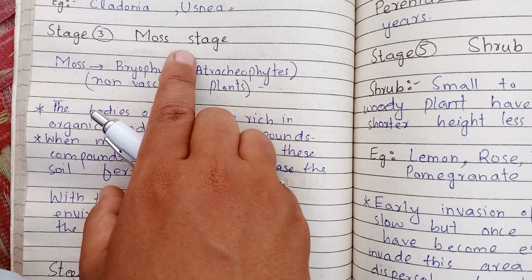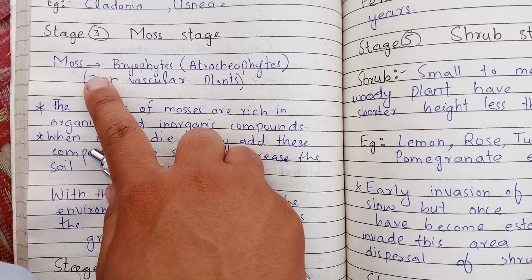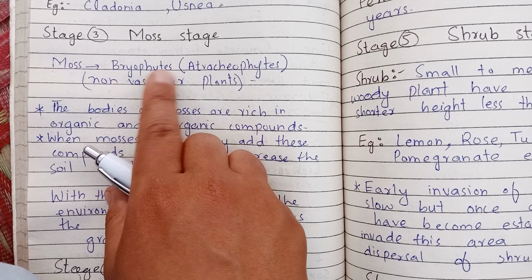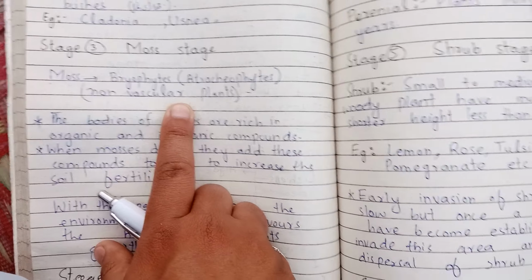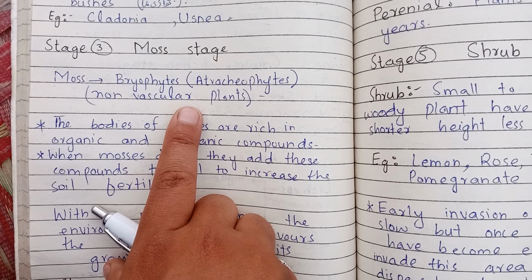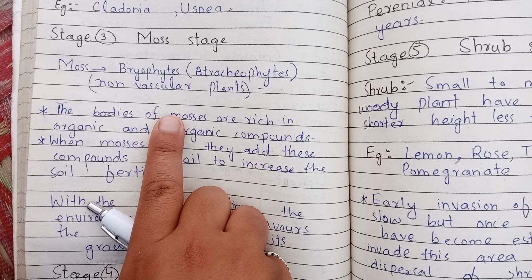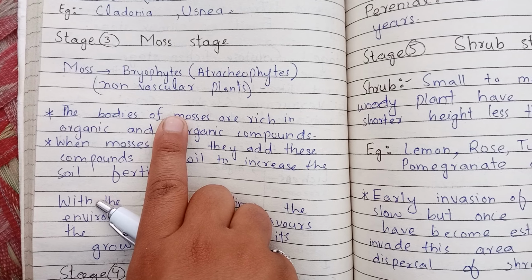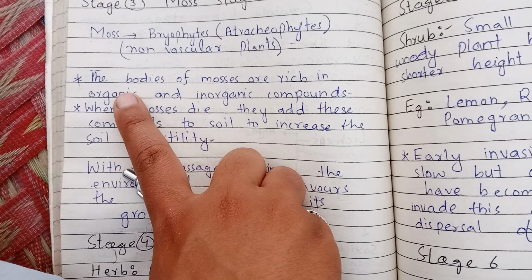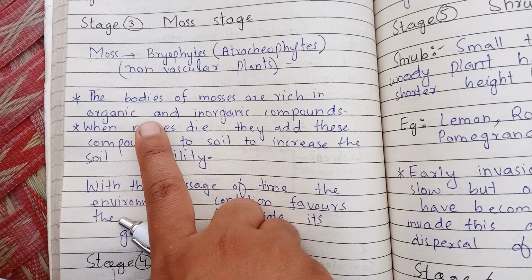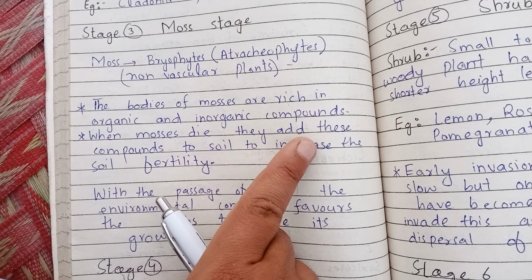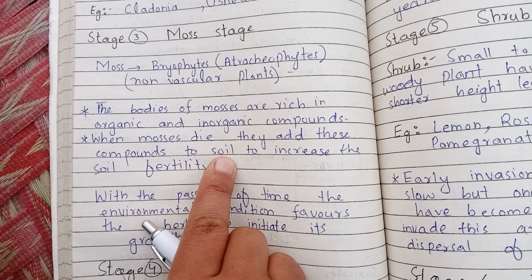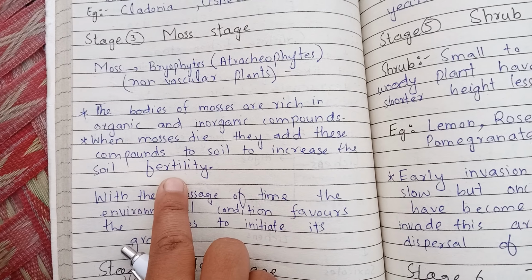The third one is the moss stage. Mosses are bryophytes. These are non-vascular plants, meaning they have no proper vascular bundle, xylem or phloem. The bodies of mosses are rich in organic and inorganic compounds. When mosses die, they add these compounds to the soil to increase soil fertility.